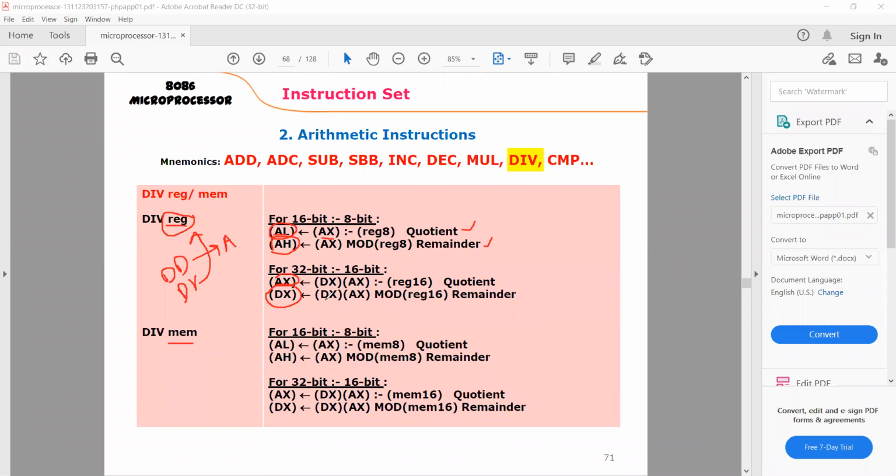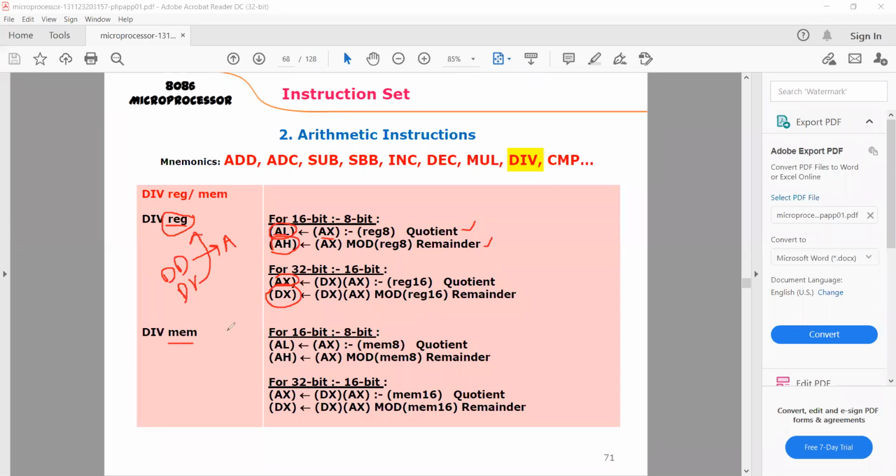Similarly, the same operation applies for memory also. If the divisor is present in a register, this is the case. If the divisor is present in a memory location, then it is the same operation and the same locations, but the source changes.